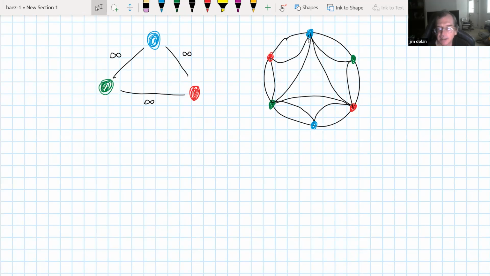And that contravariantly induces a geometric morphism of toposes from the actions of the rotation group to the actions of the reflection group. So in other words, you can encode actions of the rotation group as actions of the reflection group.